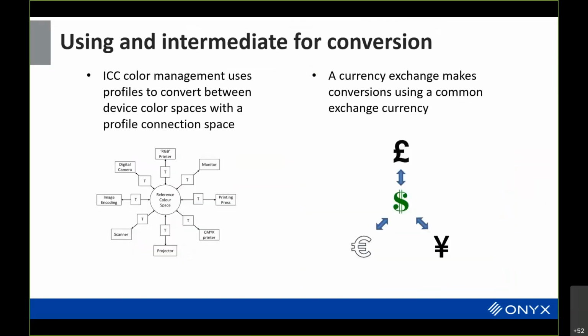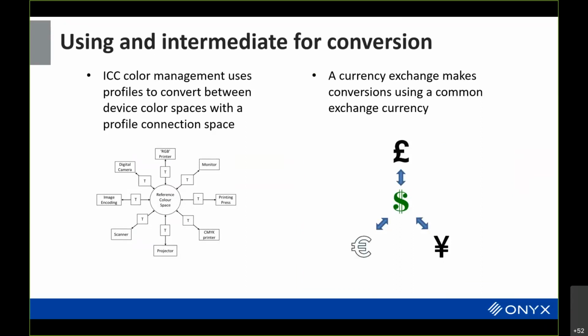Now, when conversions are done, often in the financial world, there's a common exchange currency. So you convert from yen to dollars, and from dollars to pounds, or dollars to euros, or American dollars to Australian dollars.